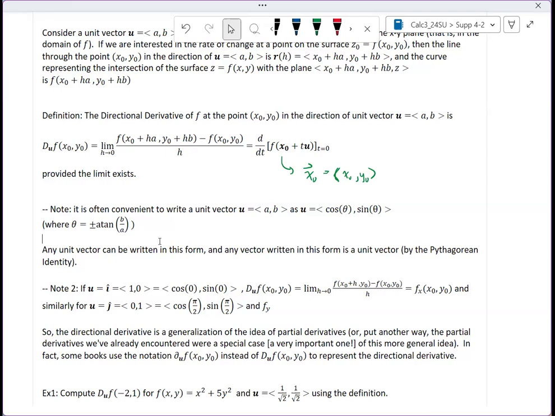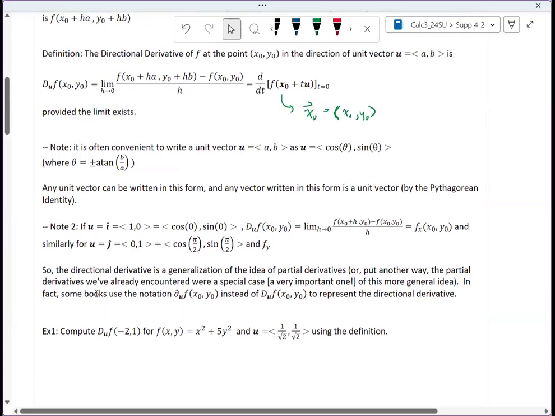If the initial point is at the origin, it's going to have a terminal point on the unit circle. So any unit vector can be written in the form u equals ⟨cos theta, sine theta⟩ for some choice of theta. And any vector written in this form is a unit vector by the Pythagorean identity. Its length is going to be the square root of cos squared plus sine squared, which is 1. So that's going to be helpful coming up in a couple of cases.